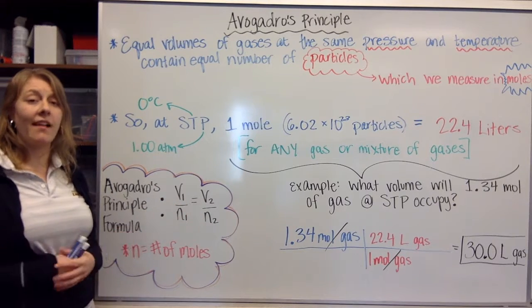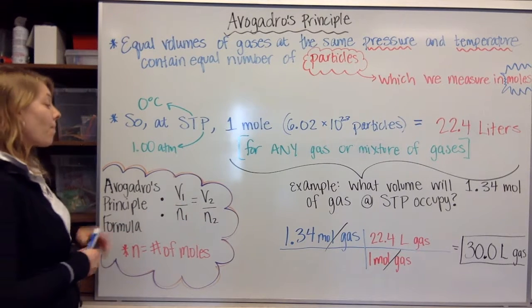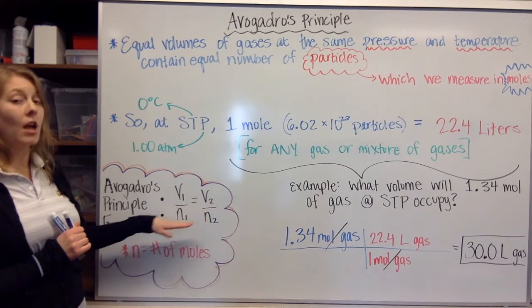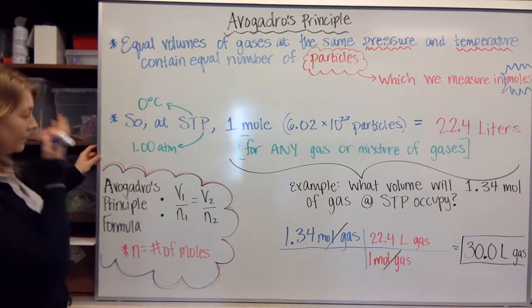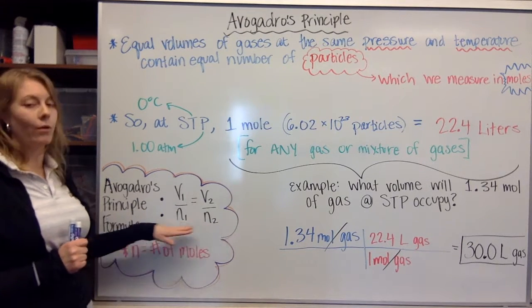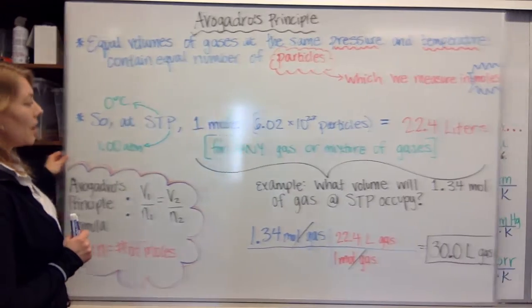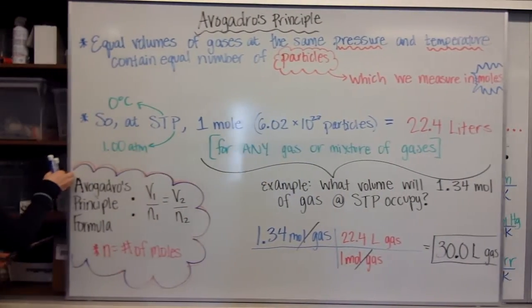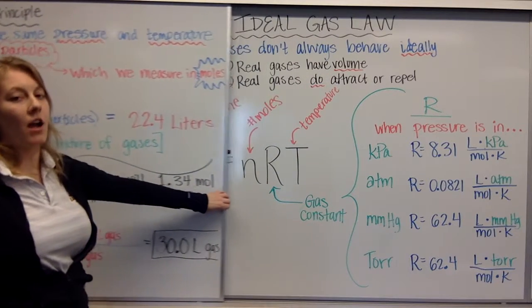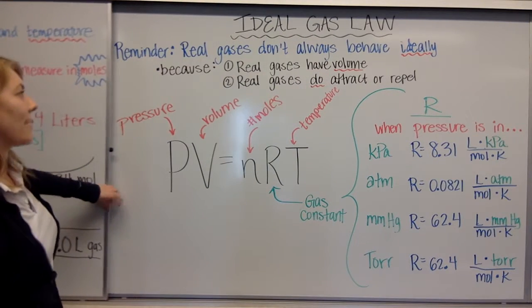So pretty similar to the gas laws that we've seen. So instead of pressure or temperature, we'll just be plugging in moles, okay? Sorry, not instead of pressure, instead of temperature, we will have moles in the denominator here.